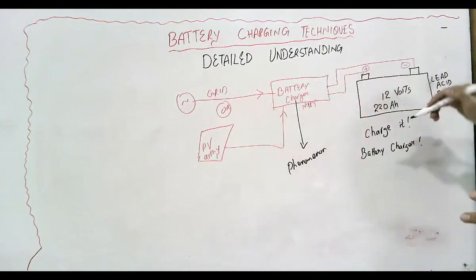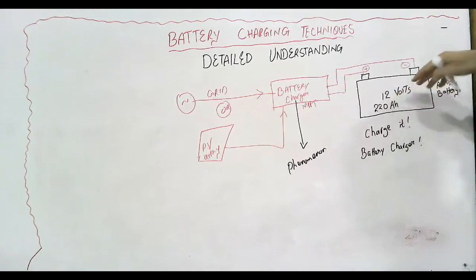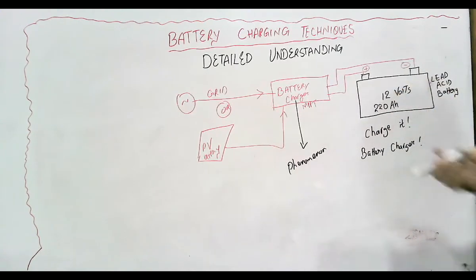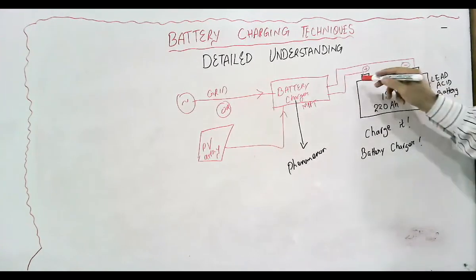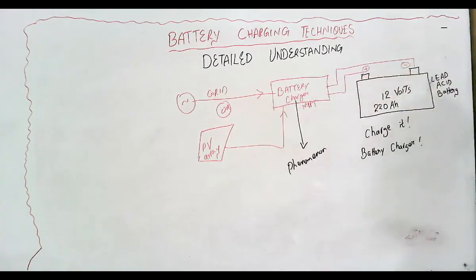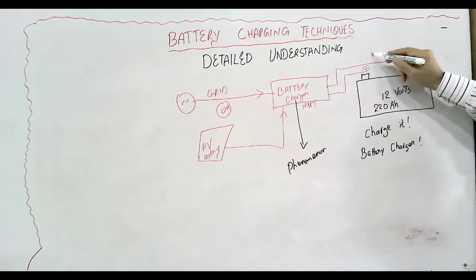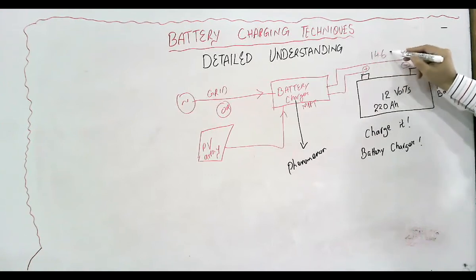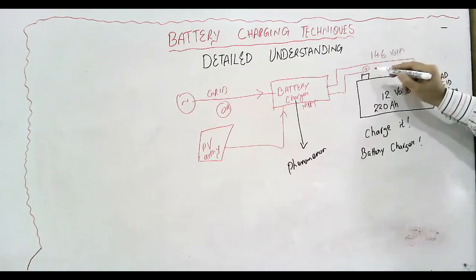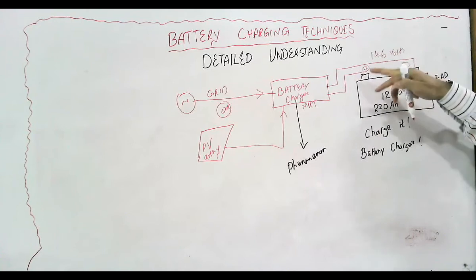Now the first step is, in order to charge this 12 volts battery, how much voltage should the battery charger regulate across the battery terminals? The battery charger can maintain up to a maximum of 14.6 volts across this battery.